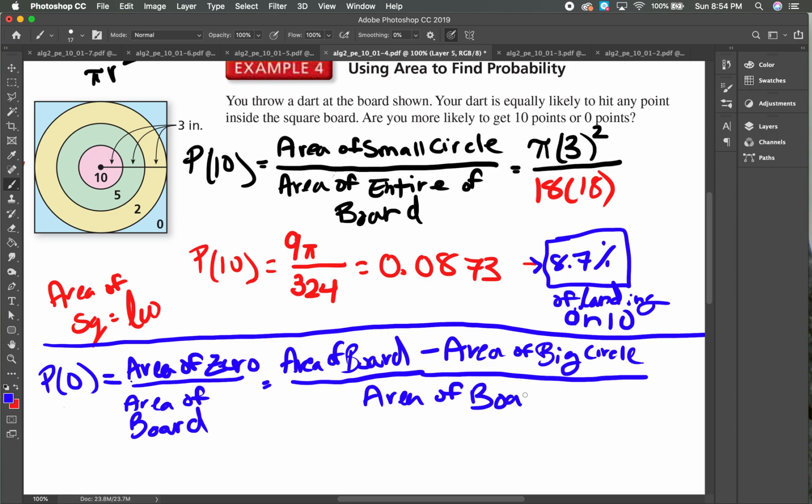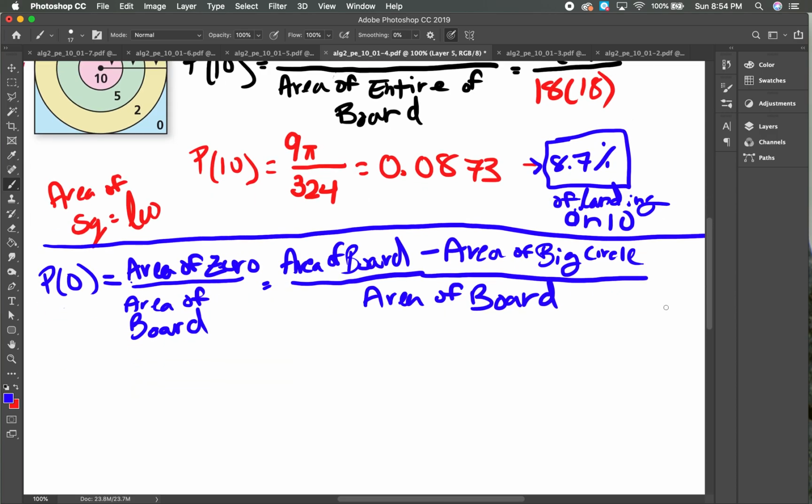This is essentially like we're finding the complement in a way.